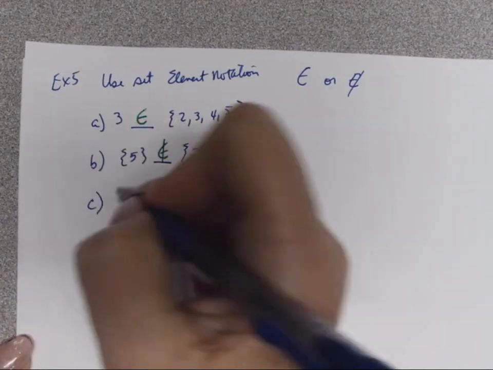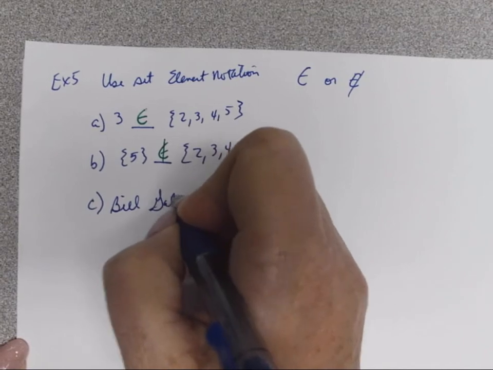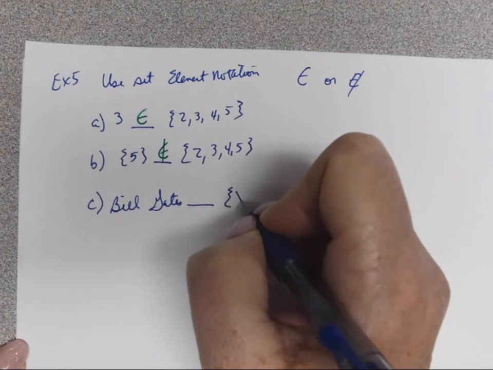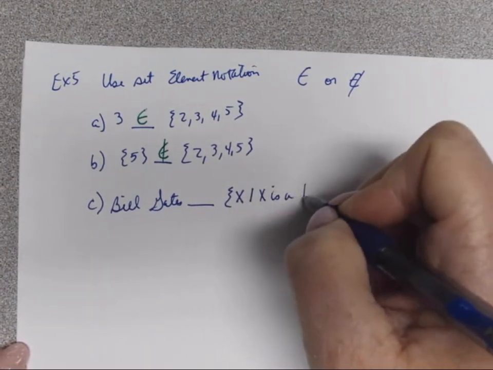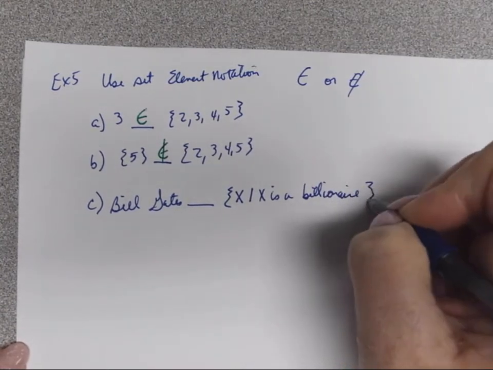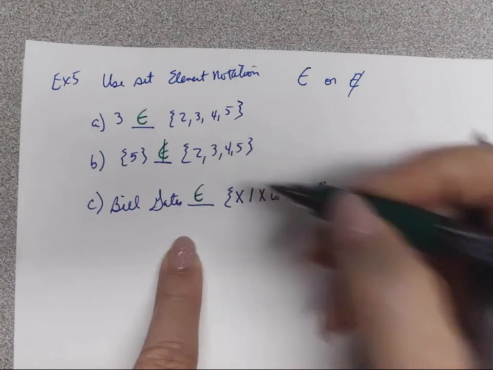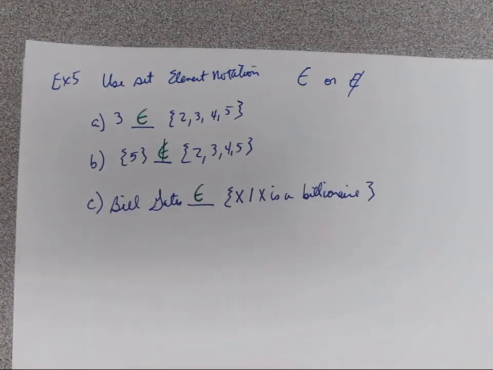All right, let's look at Bill Gates with a blank. And we're going to have the set of X such that X is a billionaire. So is this an element? Is Bill Gates a billionaire? Yes, he is. So that means that Bill Gates is an element of this set. He is a billionaire, so he is in the set of billionaires.